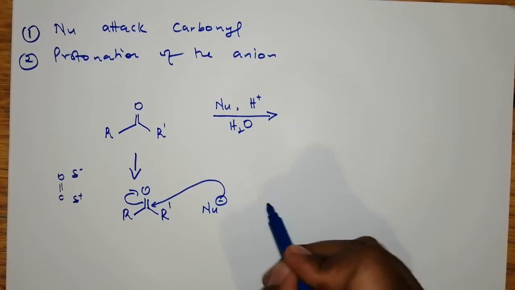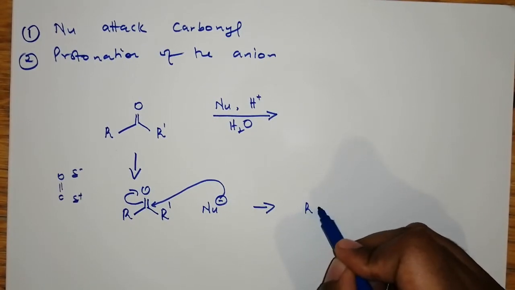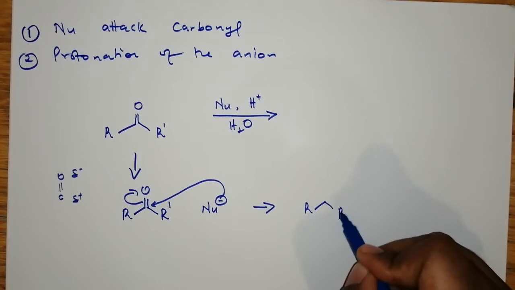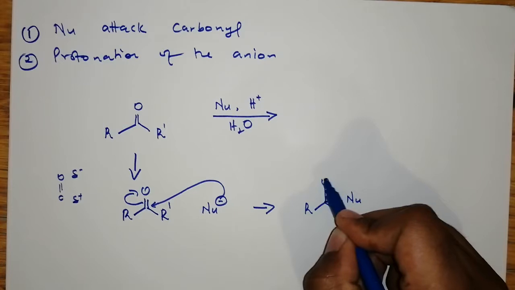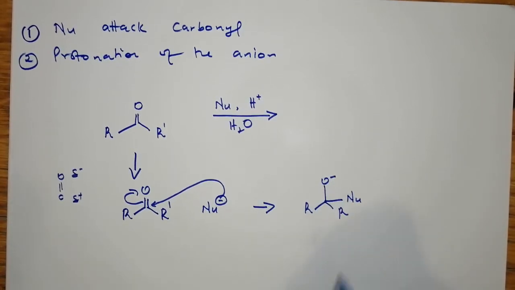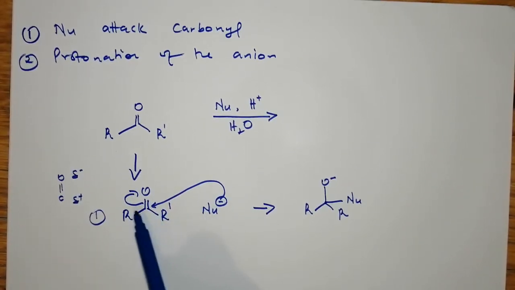When this happens, we are going to have an intermediate. There's our nucleophile there, and then we've got an intermediate here. This is the first step: the nucleophile attacks the carbonyl, and there is the attack.